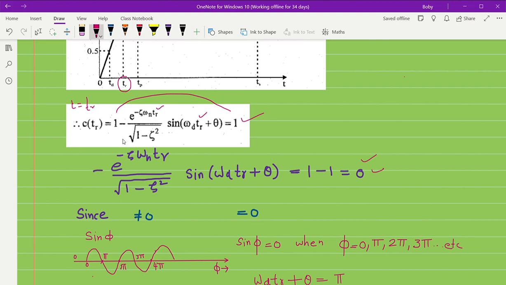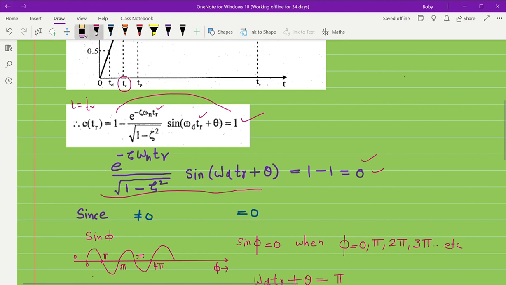What remains is minus this term into sine omega d TR plus theta, equal to 0. This is a combination of two different terms. The negative sign can be eliminated, because multiplying by minus 1 on both sides, the right hand side remains 0.